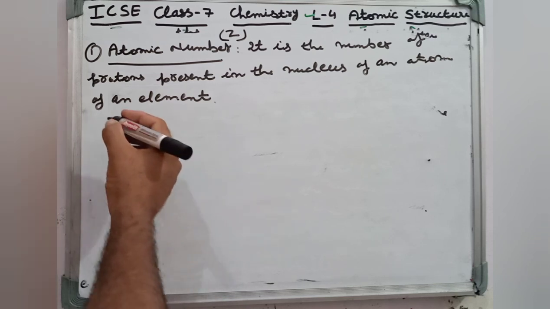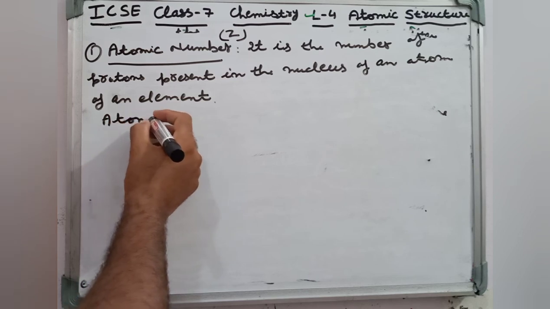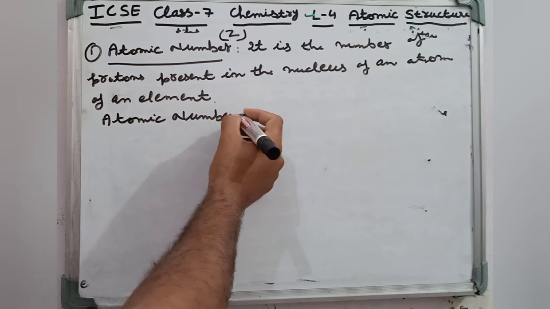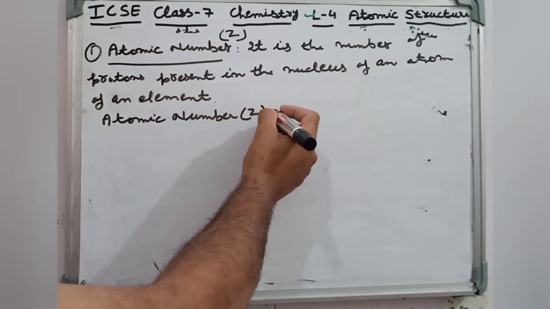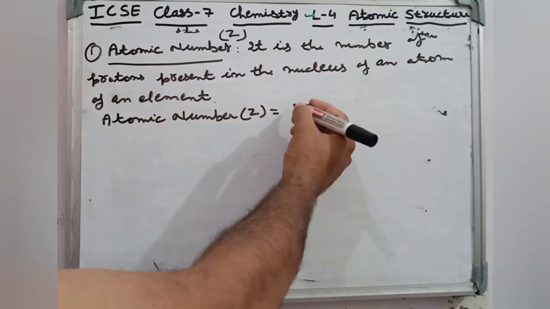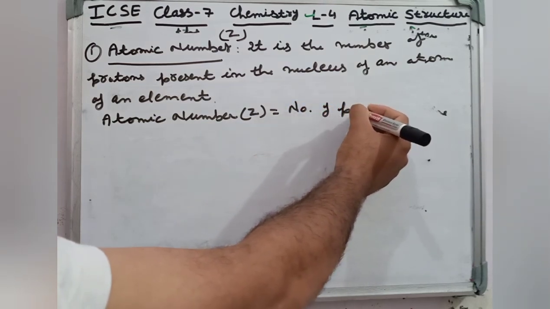So here we can say atomic number, which is represented by Z, is equal to the number of protons.